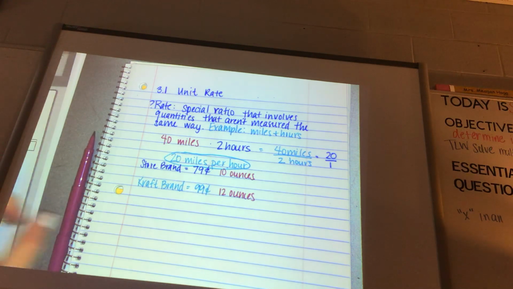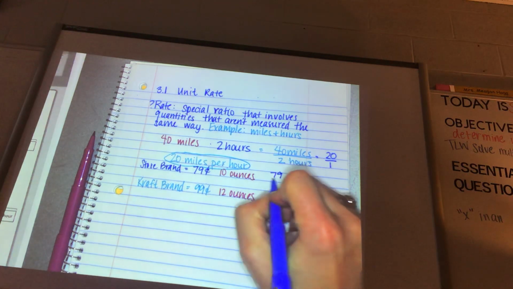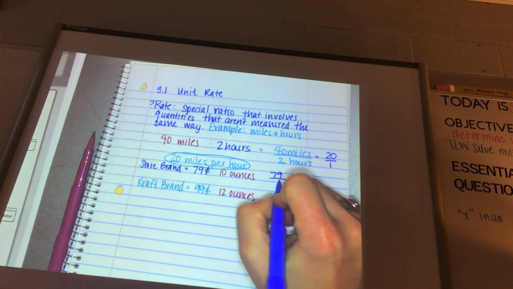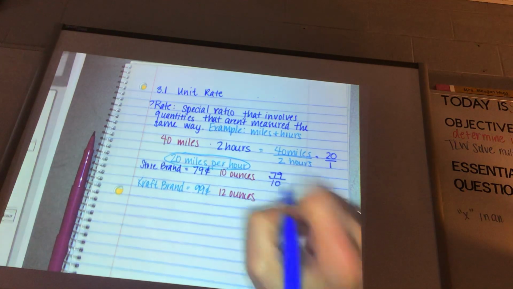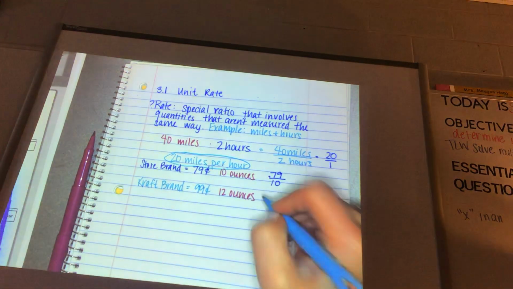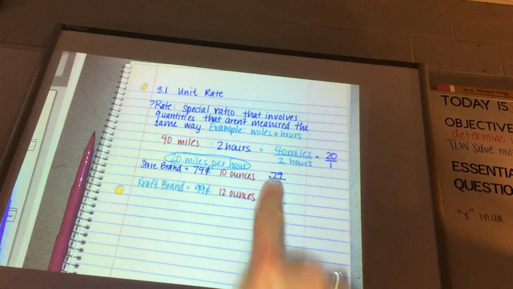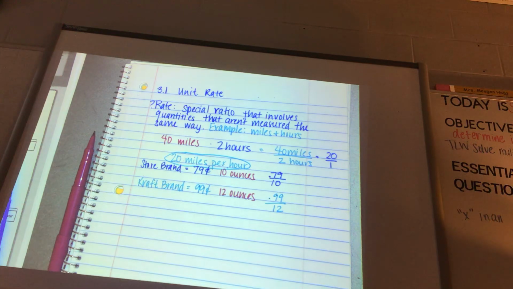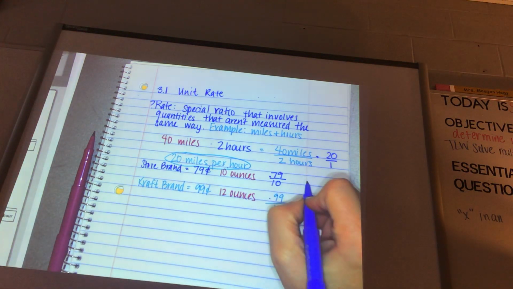So this first one would be 0.79 because it's 79 cents, and then over 10, and the second one would be 0.99 over 12, and you would just simply divide those out.